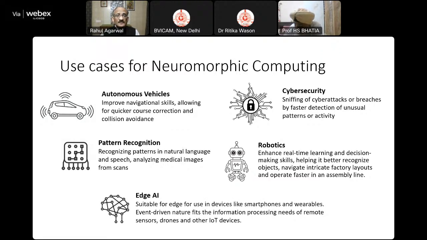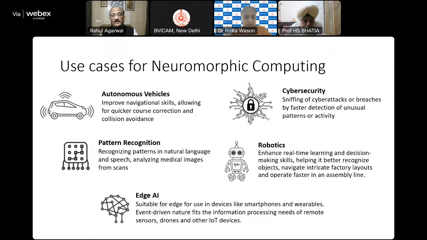Edge AI is another possibility where it doesn't require too much processing, so it can be used in devices like smartphones and wearables, and its event-driven nature suits the information processing needs of remote sensors, drones, and other IoT devices. So there are a number of use cases which can benefit from neuromorphic computing.